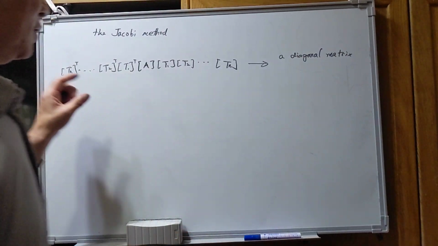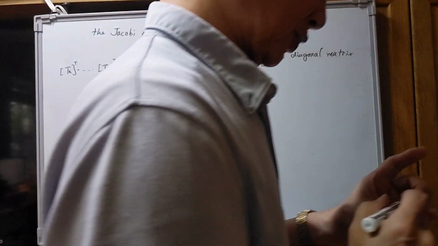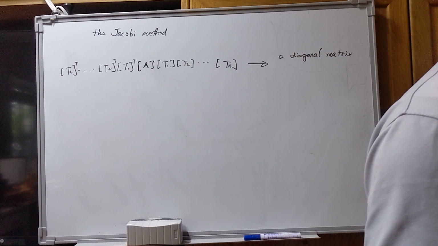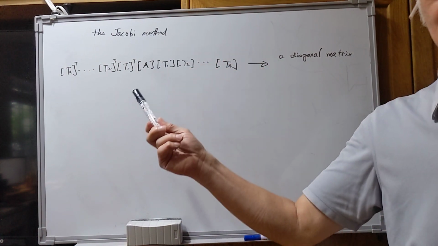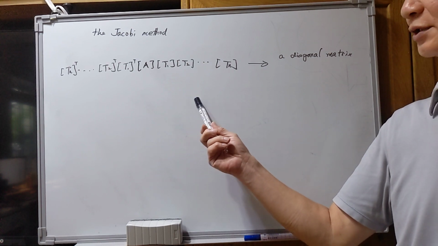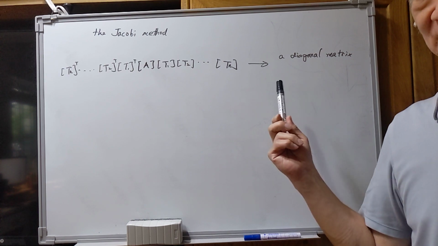Okay, if we make a series of rotations, or you can say a series of transformations of the matrix, we can approach a diagonal matrix.